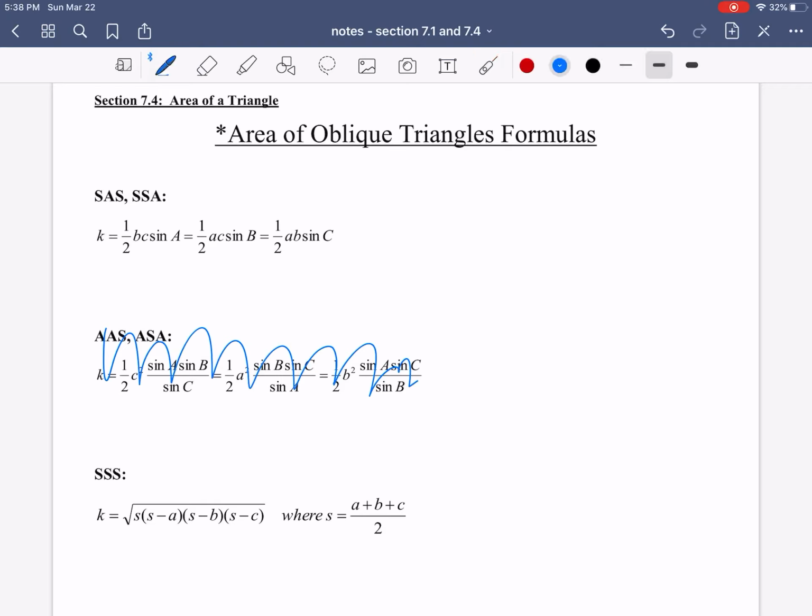The way that you need to remember this is that K, which represents area, is equal to 1/2 multiplied by side 1 times side 2 times the sine of the angle theta.